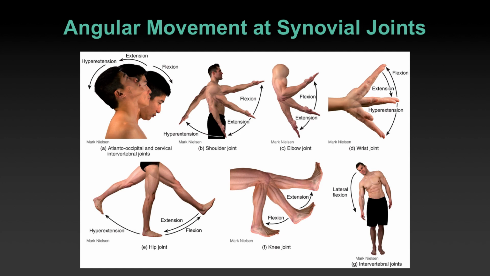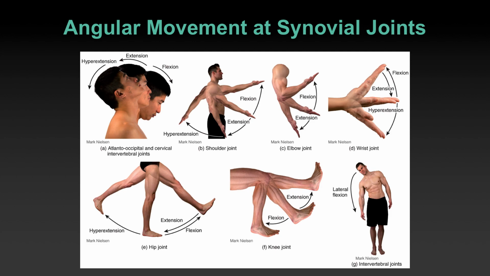Flexion of the elbow, extension of the elbow, flexion of the wrist, extension of the wrist, flexion of the knee, decreasing joint angle, extension, increasing joint angle. And then hyperextension, any extension beyond the anatomical position.